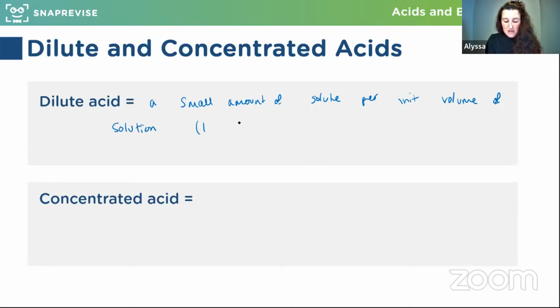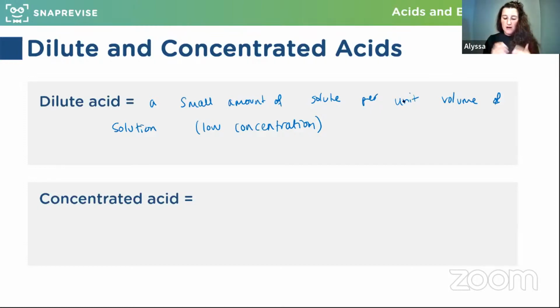Basically that means we have a low concentration of our acid in our solution. That's concentration. So that would mean a small number of acid particles. So a small number of acid particles and lots of water is a dilute acid.